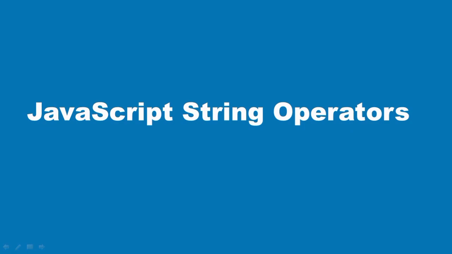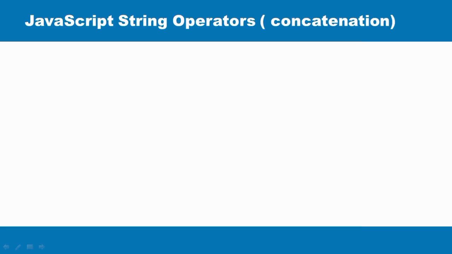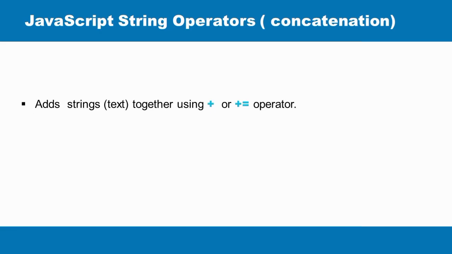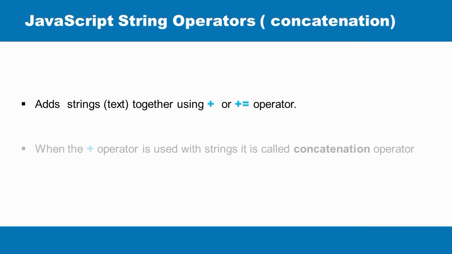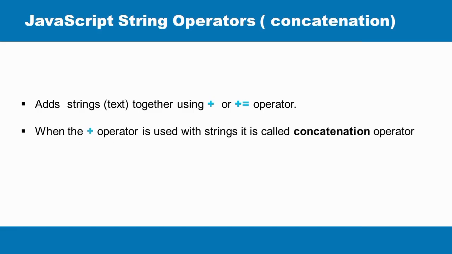In this video, I'll be introducing you to the JavaScript string operators. String operators are used to add strings together using the addition operator. When the addition operator is used with strings, it is referred to as concatenation operator.